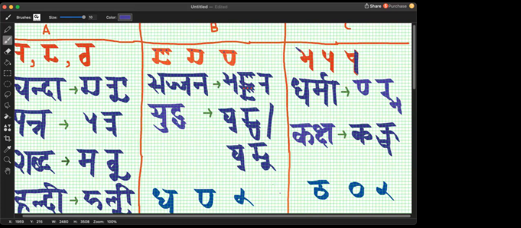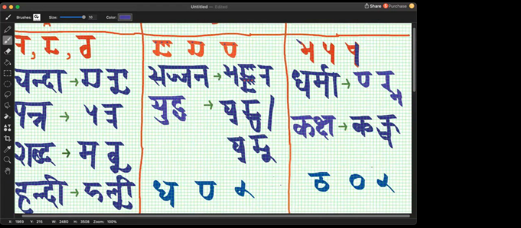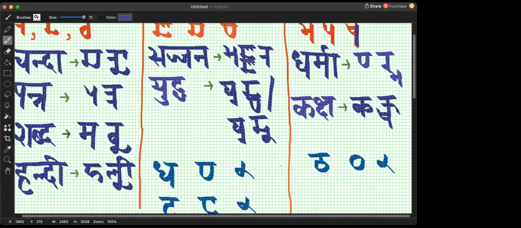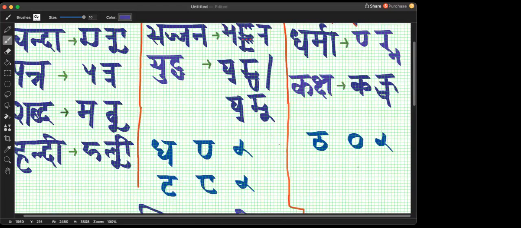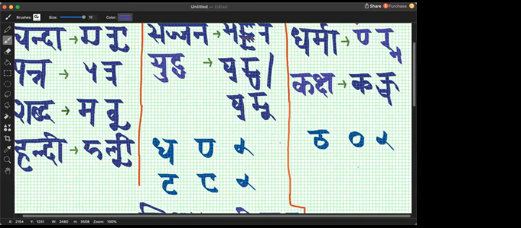Suppose you want to connect P to any alphabet, say Sparsha. Even Sparsha, Sh is also there. Okay. Let me write this. When we are writing, say a word like Sparsha.